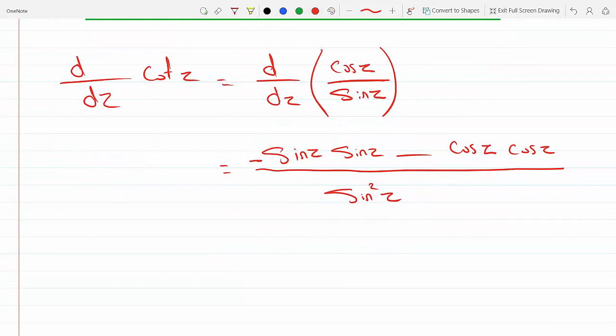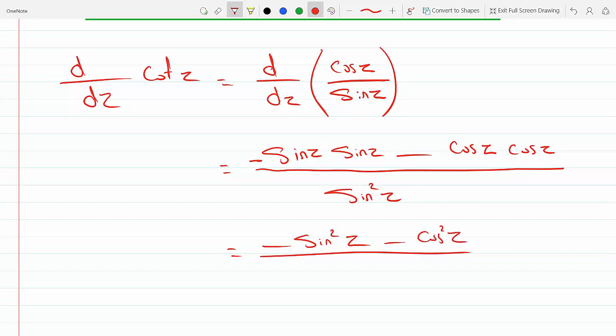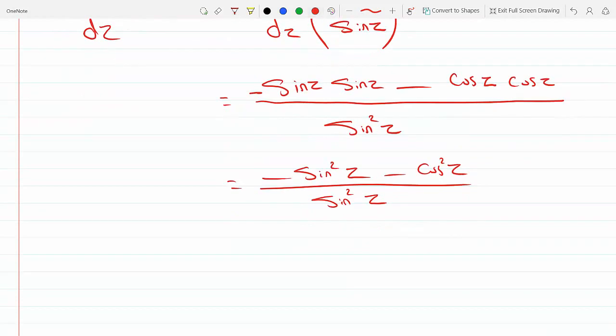So we get minus sine squared z minus cosine squared z over sine squared z, right? And so this becomes minus 1 over sine squared z, because cosine squared plus sine squared is 1.